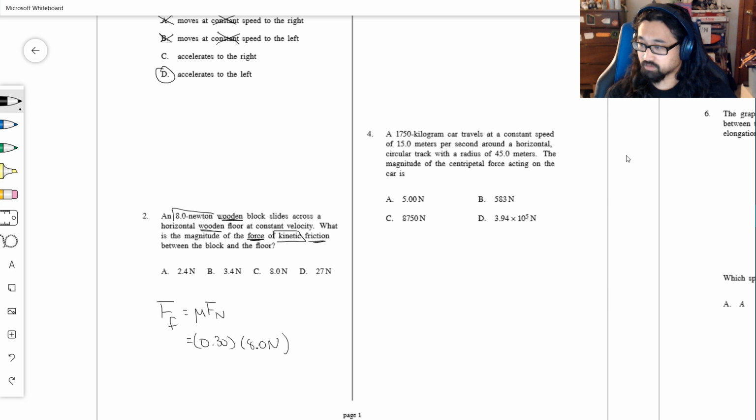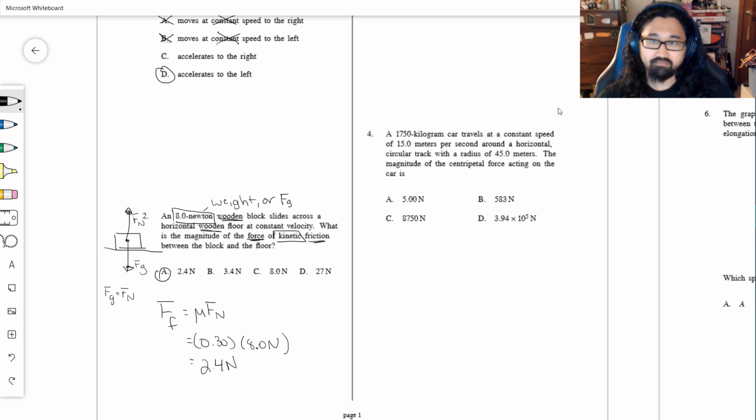So this is the weight, or the force of gravity. And in this case, if I know that the force of gravity is 8 newtons, then I know that the force of gravity has to equal the normal force. So I do the math, and I get 2.4 newtons for choice A. Easy enough.